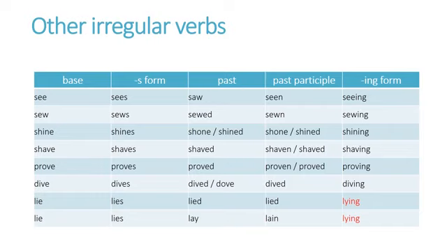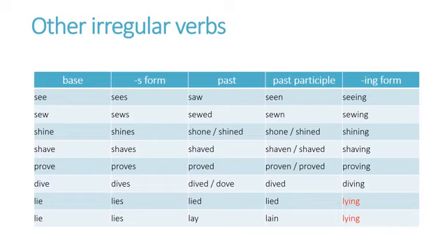We would use the first form, shone, shone, for the past and the past participle. However, if we're talking about making something shiny, for example, I shined my shoes, then we would use the regular verb ending, shine, shined, shined, with the ed.